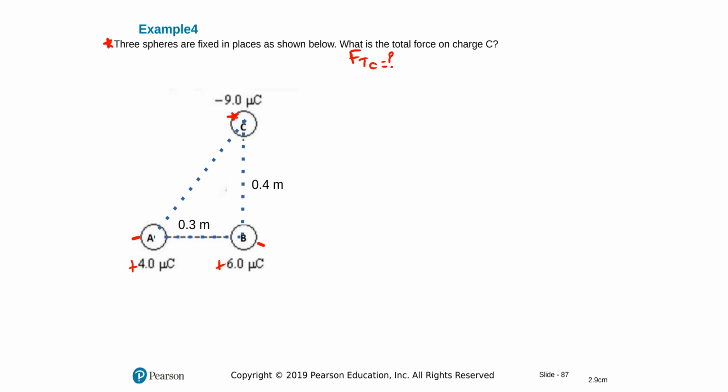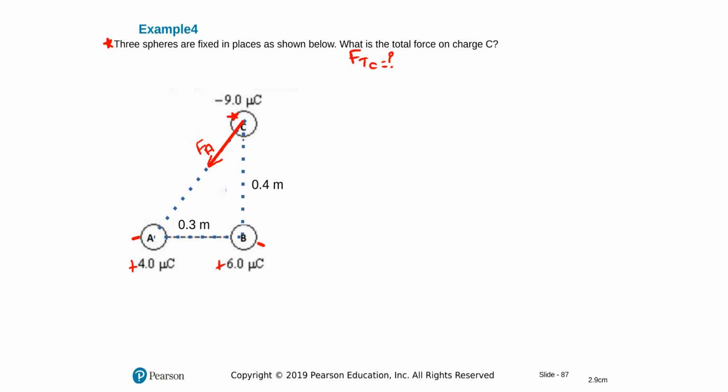A will be pulling on C, just like that. I'm going to call it FA. That's an electrostatic force, electric force, or Coulomb force. Not FC, FA. That's the force applied by A to C.